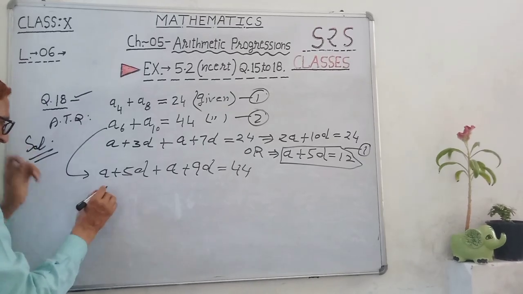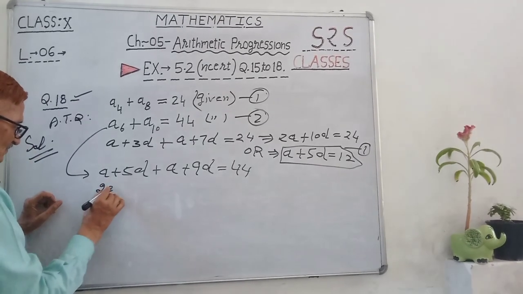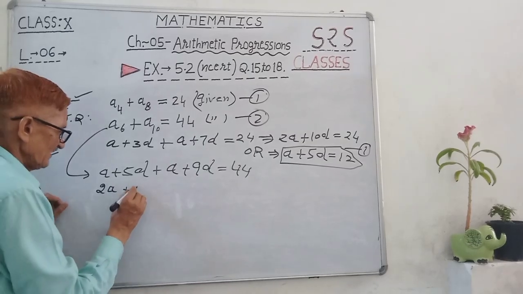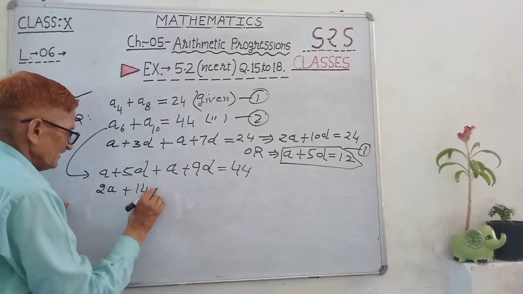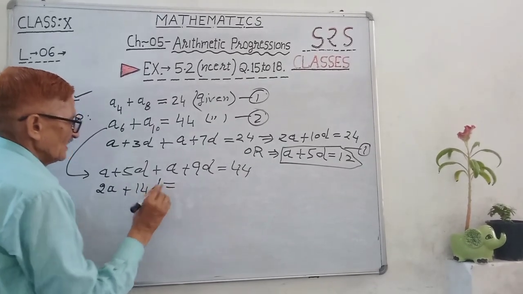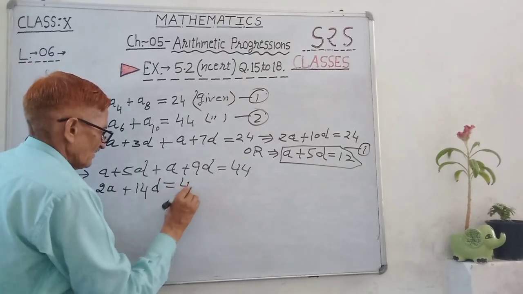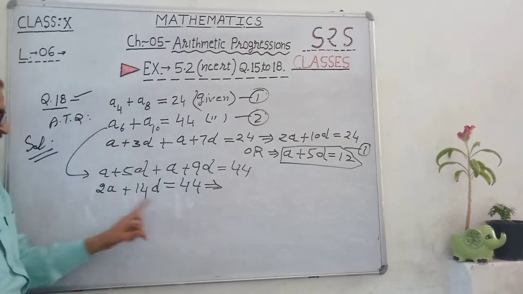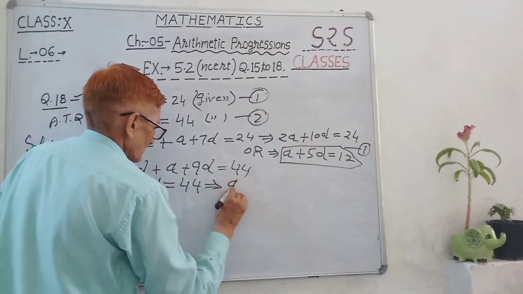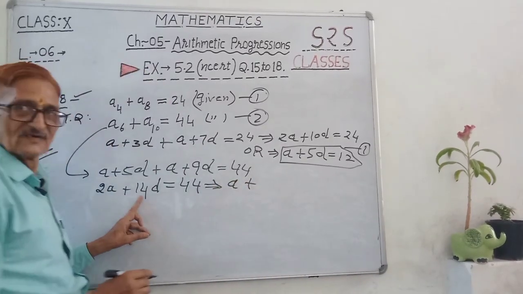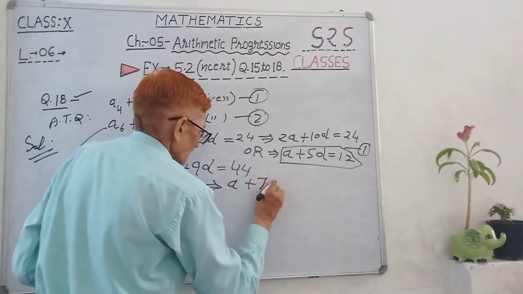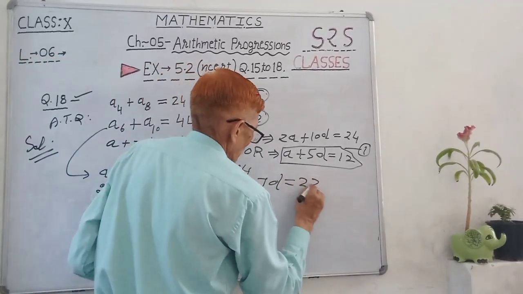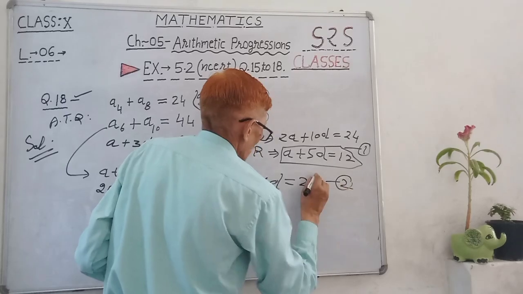Then simplify: A plus A is 2A, 5D plus 9D is 14D, is equal to 44. Dividing by 2, A plus 7D is equal to 22. This is equation number 2.